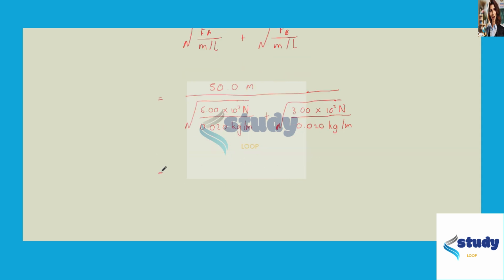And so if we calculate this, we get the time it takes for the two pulses to pass each other to be 0.17 seconds.